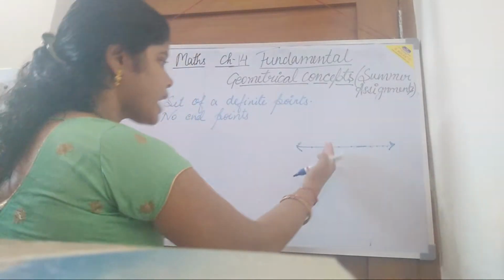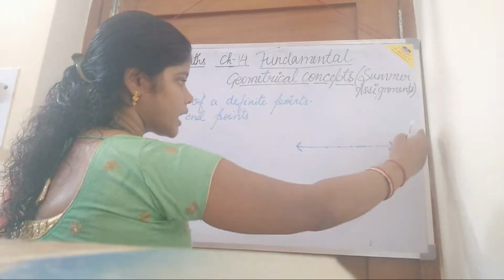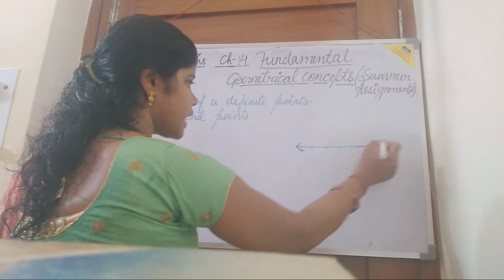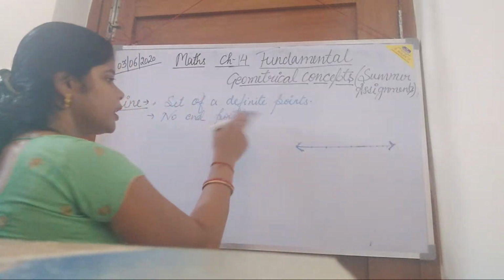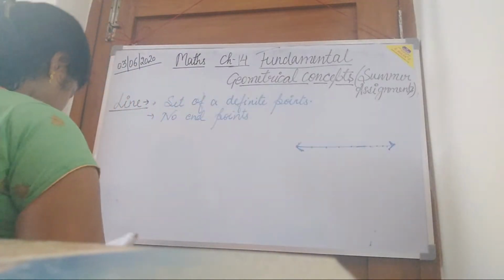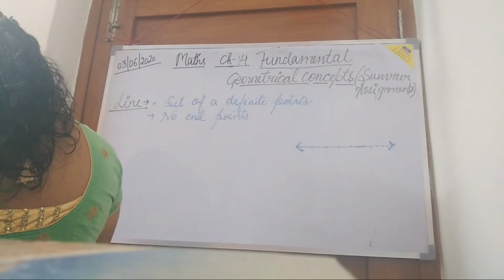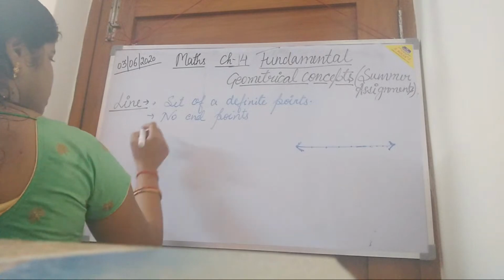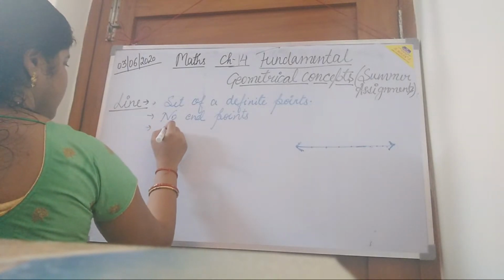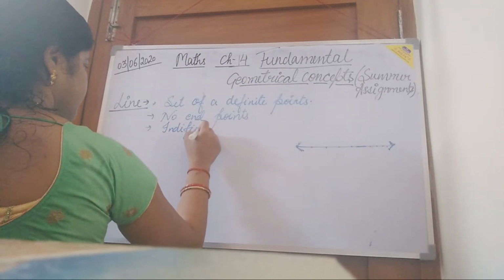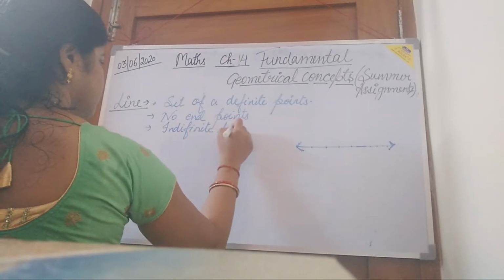It means it will extend infinitely on both the sides. So the arrow indicates that it has no end points. So its length is indefinite. It means it has indefinite length.